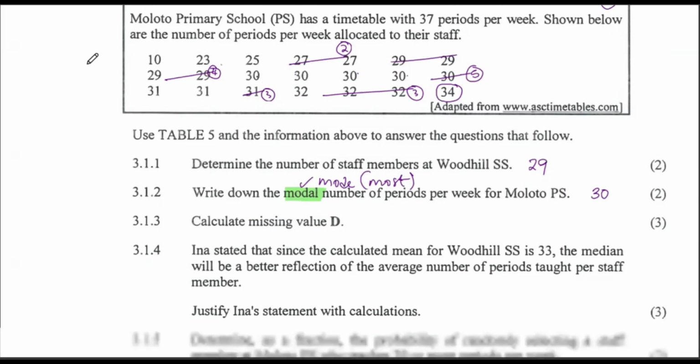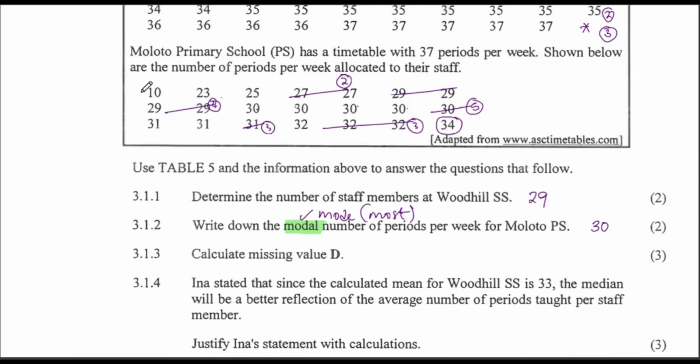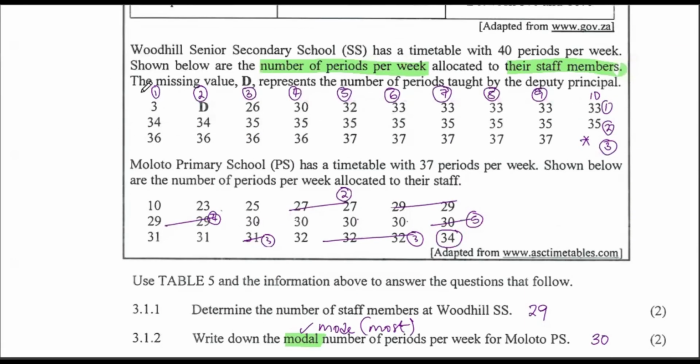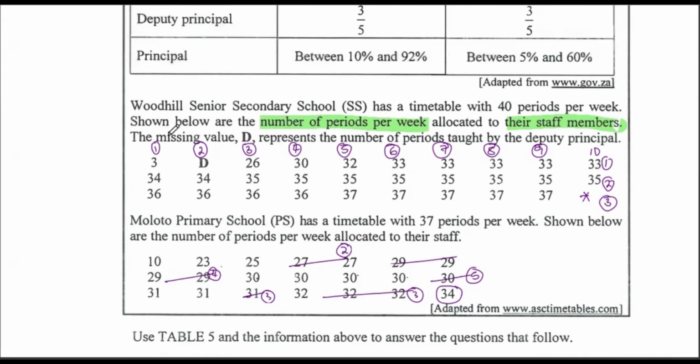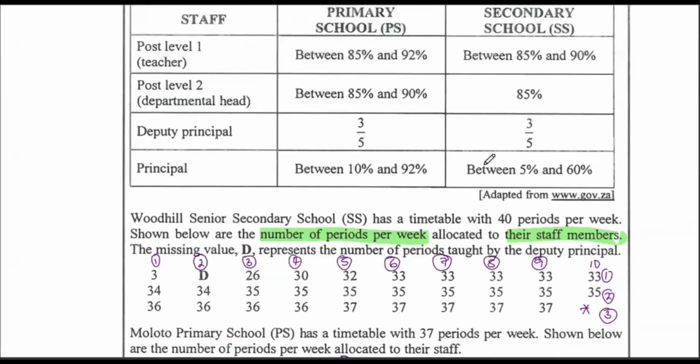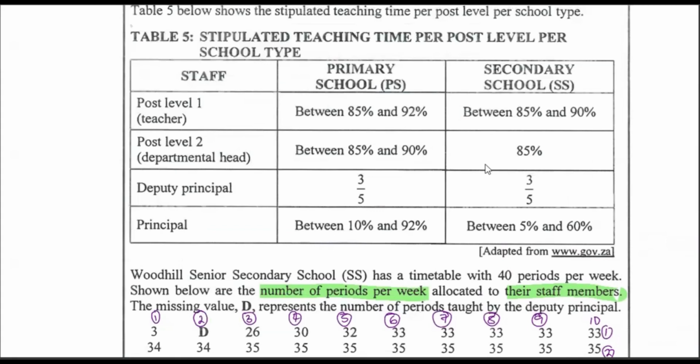We come to the other question: calculate the missing value of D. How are we going to calculate it? The value D represents the number of periods taught by the deputy principal. So we come up here to the deputy principal. But in which school? SS, on this other side. Oh, okay, they share the same fraction.